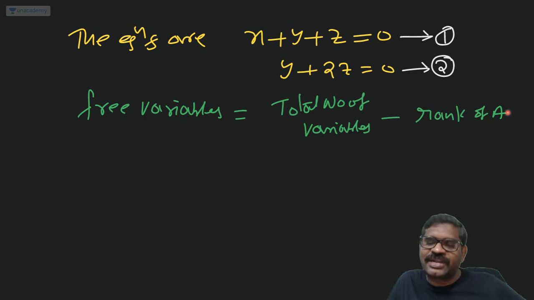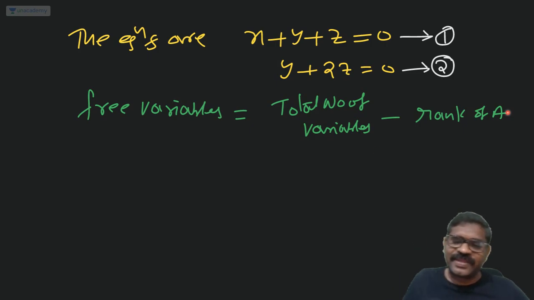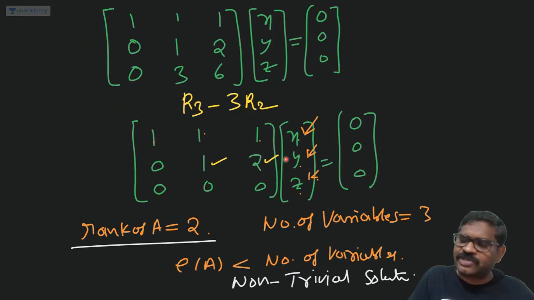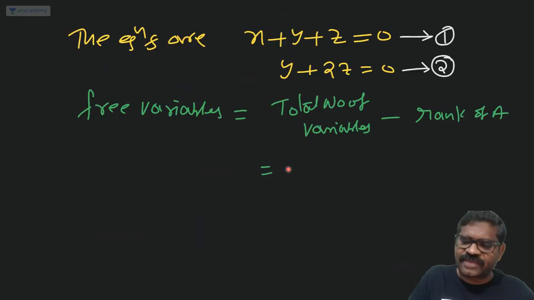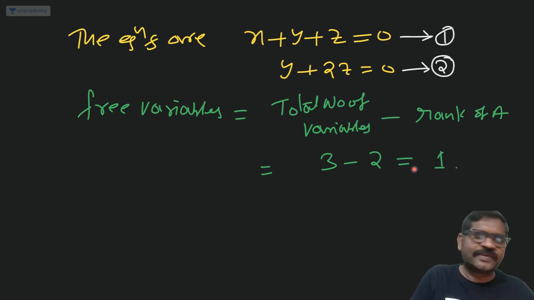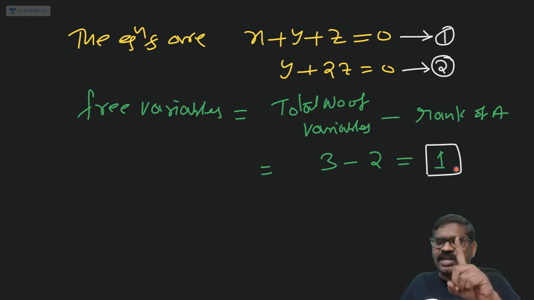How to solve it? I am explaining. Total number of variables minus rank. Total number of variables are 3. Rank of A is 2. Therefore, 3 minus 2, 1. So, one variable is free variable.